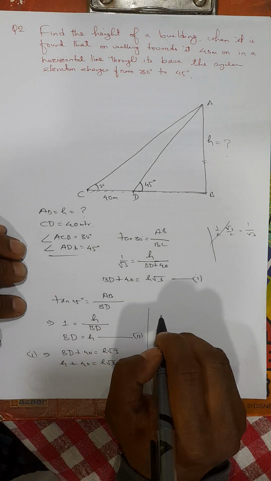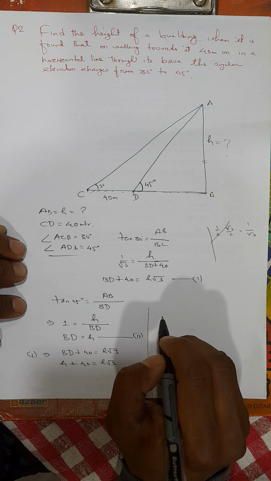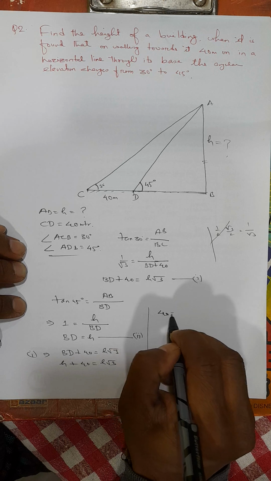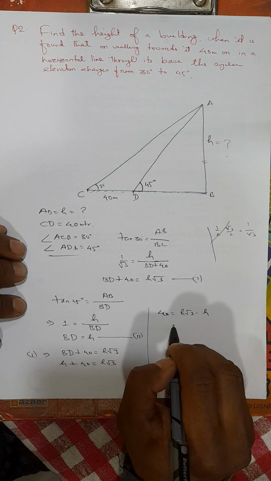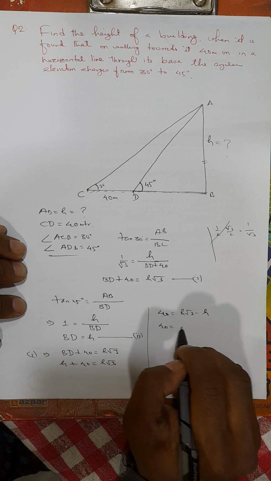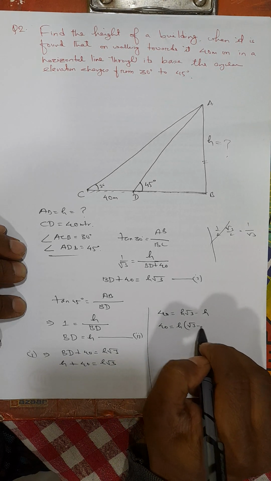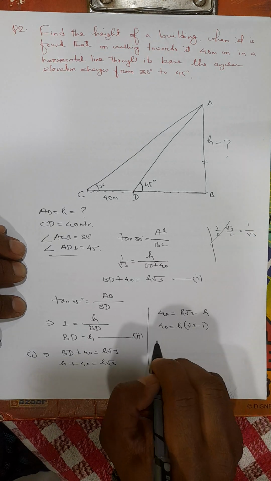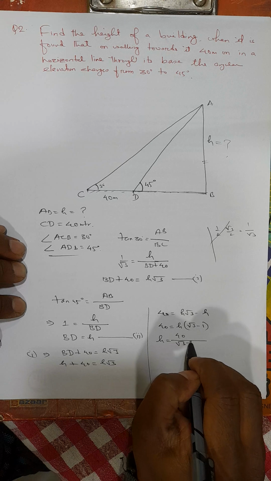So let us transpose the terms containing H to the right hand side. 40 equal to H square root of 3 minus H, or 40 equal to, taking H common, H into square root of 3 minus 1. So what is H? 40 divided by square root of 3 minus 1.